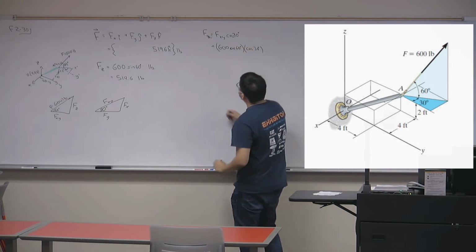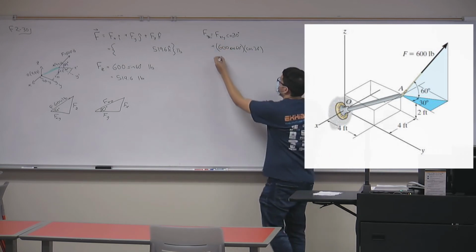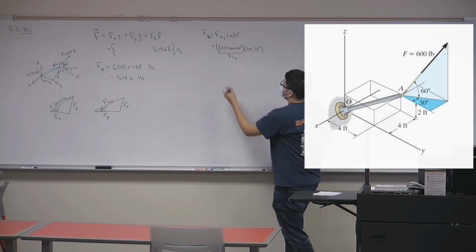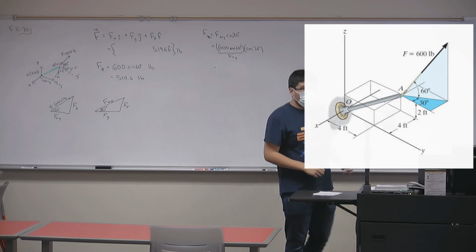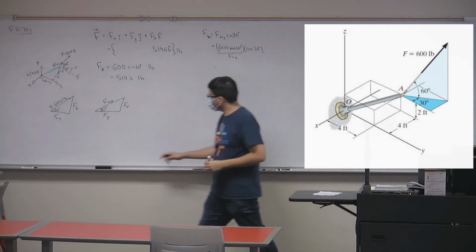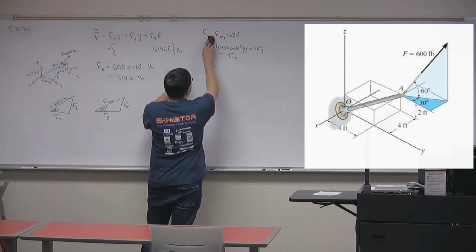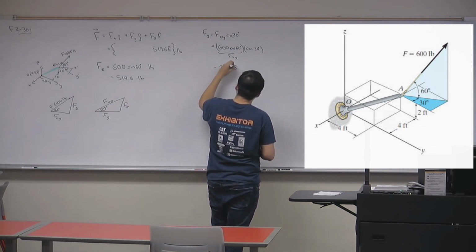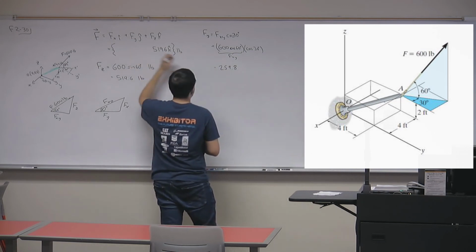Good. So I have FXY, just FXY, multiplied by cosine 30, and that's FY. Leslie, what is that? 259.8. Units? Pounds. Thank you.